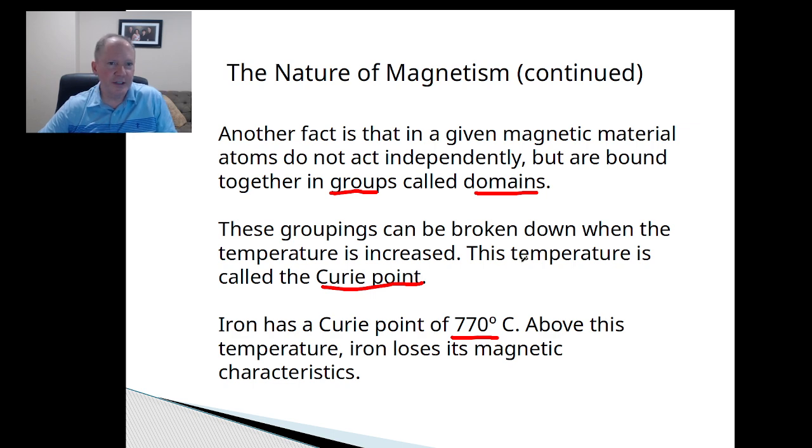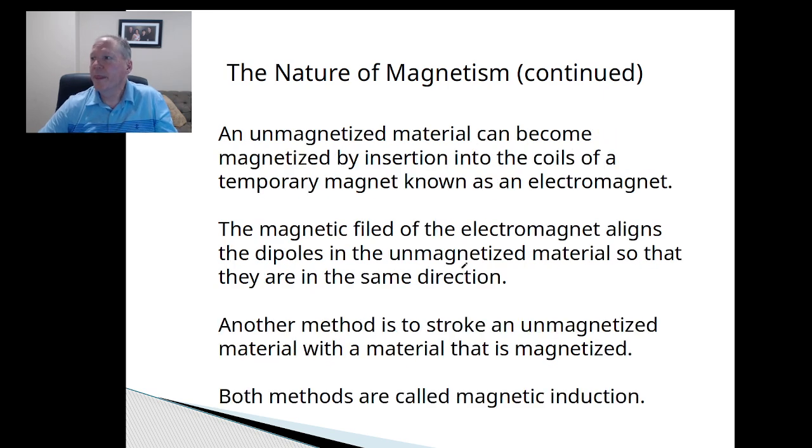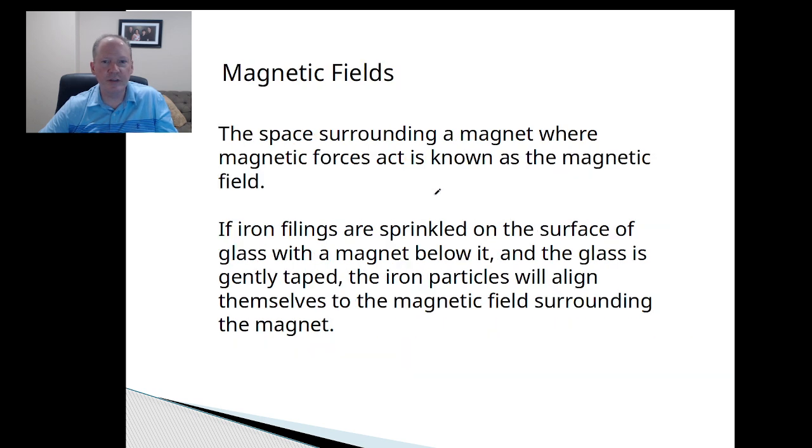So if we go back to the Earth's core, in the core there's that molten iron, where some of it is losing its magnetism because it's beyond the 770 degrees. All right. Now, unmagnetized materials can be magnetized if they're inside the coils of a temporary magnet, which is known as an electromagnet.